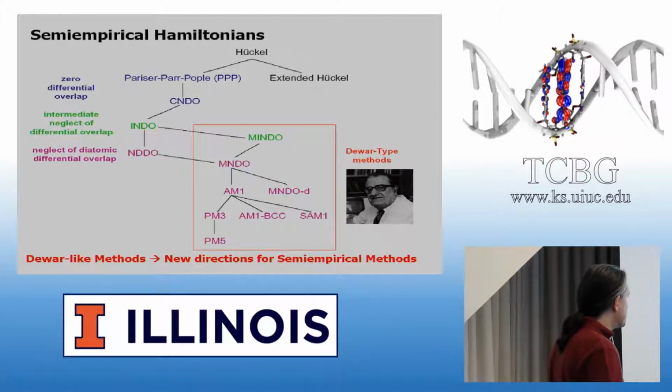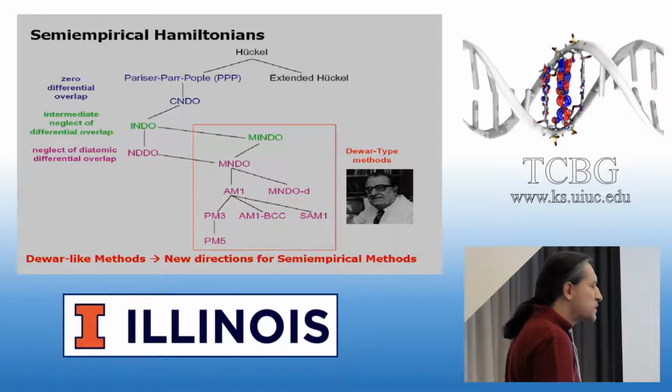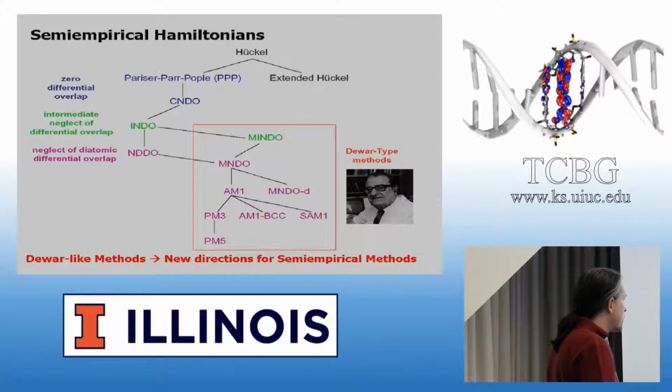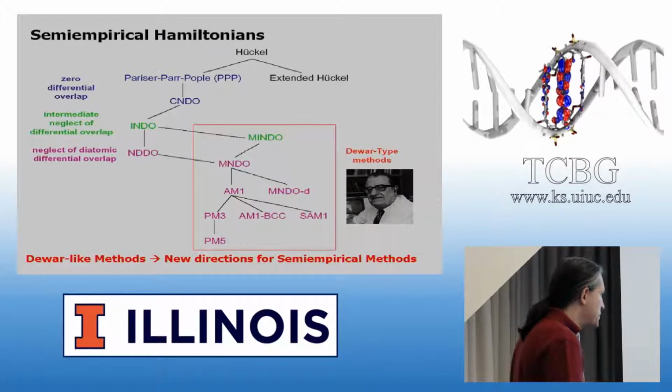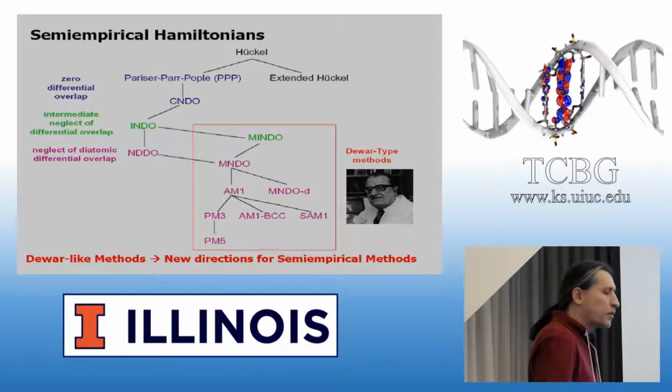Using this framework, you can find the modern semi-empirical methods known as Dewar-type semi-empirical methods. And this type of method gave us new directions for semi-empirical methods.